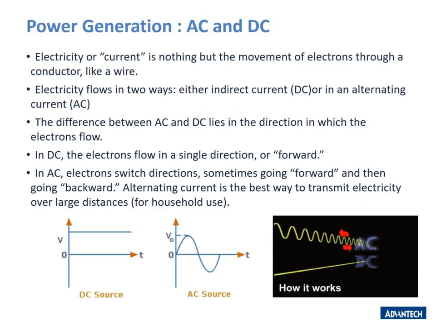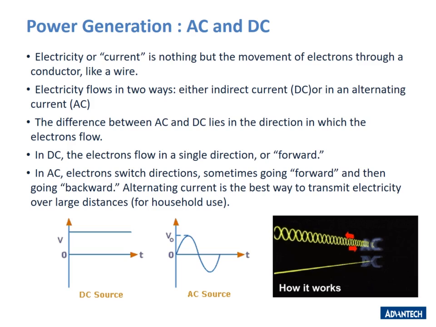Now, we will give a general concept about electricity. Electricity is nothing but the movement of electrons through a conductor, like a wire. In the picture below you can see how electricity flows in two ways, either in direct current, DC, or in alternating current, AC.